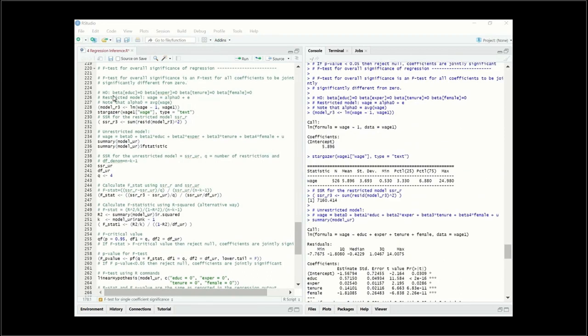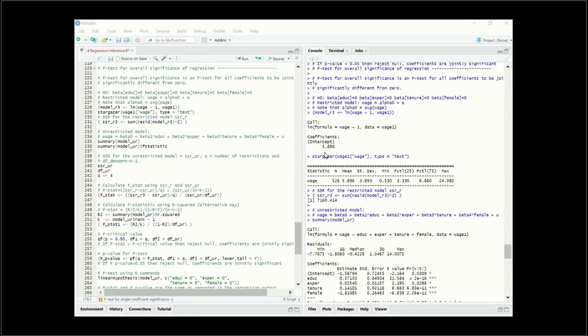So I went ahead and showed you the results here for running a linear model of wage regressed on only a constant, because we have restricted all the other coefficients to be equal to 0 from the wage1 dataset.